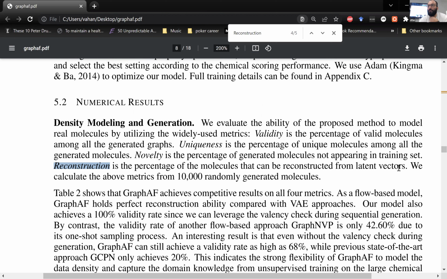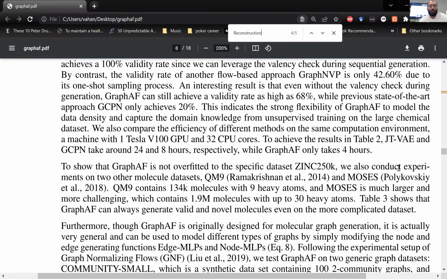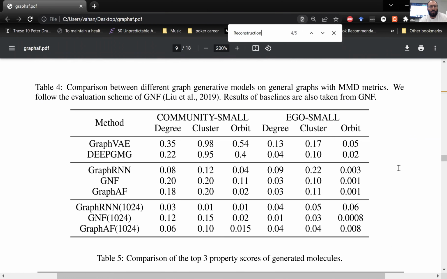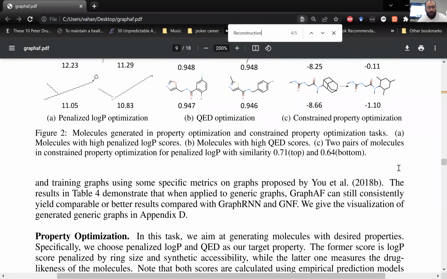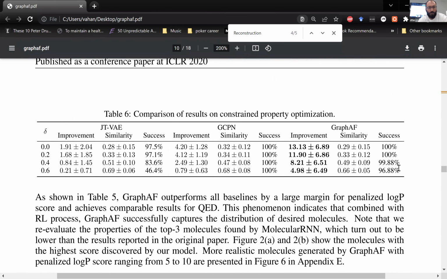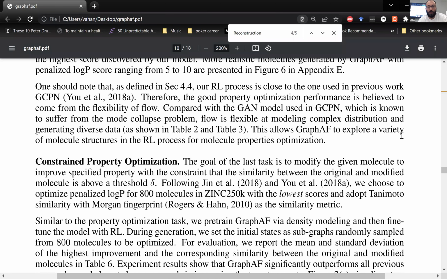Would this method be able to assign probabilities to existing molecules? Yeah. Oh, they did that actually. They did an experiment about that. I think they use validity for that. No. But they did an experiment somewhere down here where they ran it on an existing molecule, which would end up giving suggestions on what to change about it.